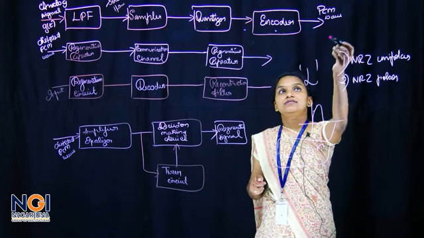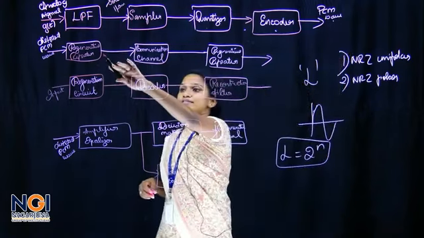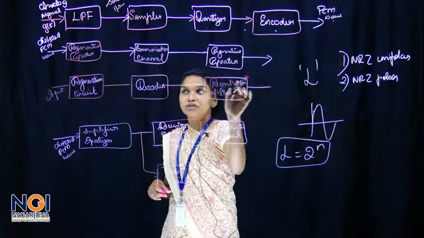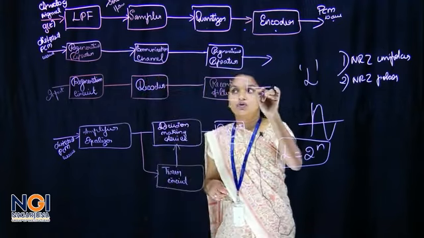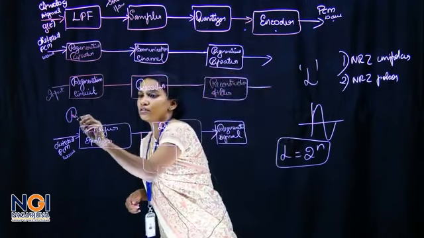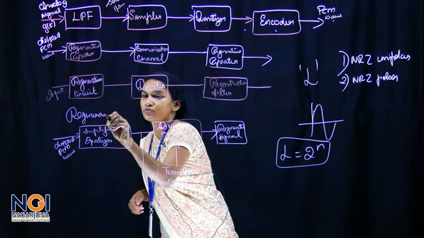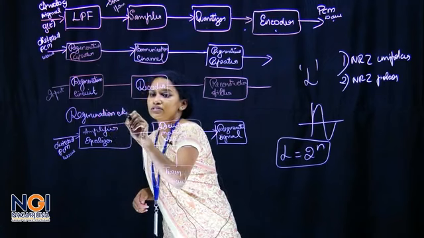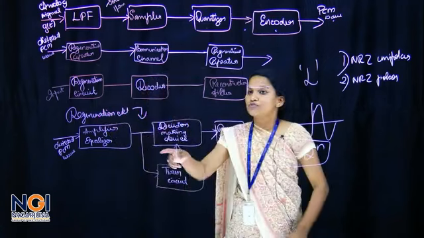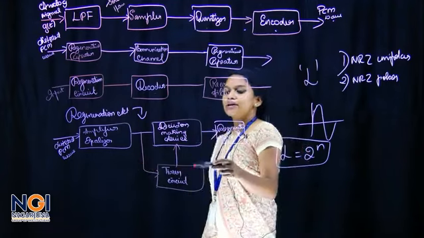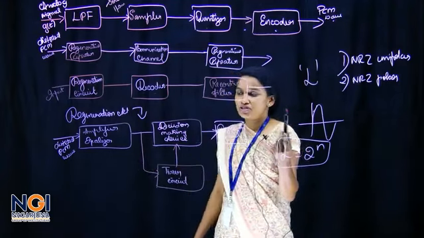Therefore, this distorted PCM wave is sent into a regeneration circuit, which I have drawn here. The regeneration circuit consists of an amplifier, equalizer, decision making device, timer circuit, and then a regenerated signal.